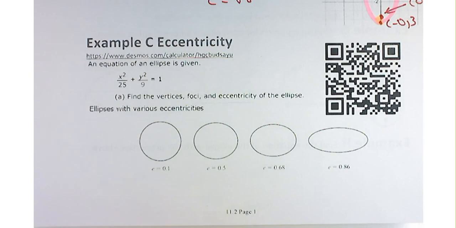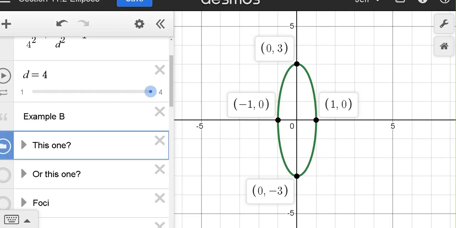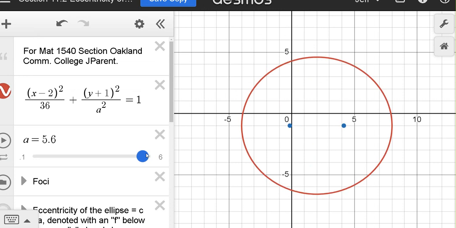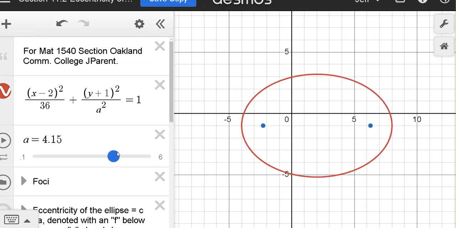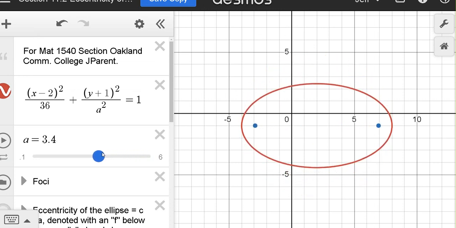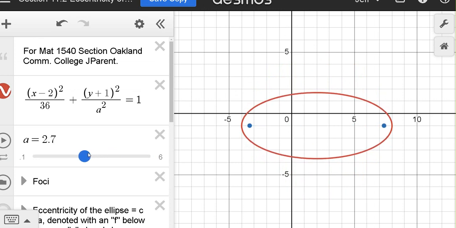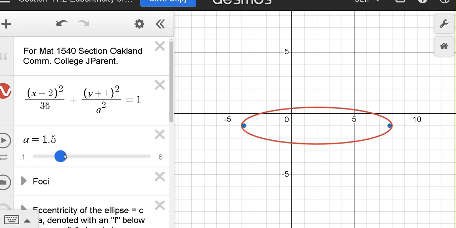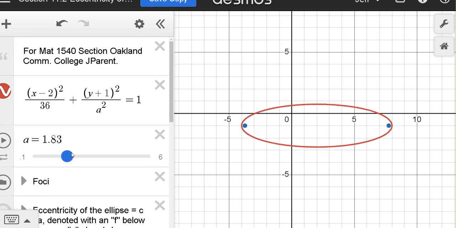Now, we've kind of seen this in my demonstration just a minute ago. Let me go back to it. This is a perfect circle. And as you move farther and farther away from that, your ellipse looks more and more cigar-shaped, and your foci are getting out near the extreme edge of your ellipse.